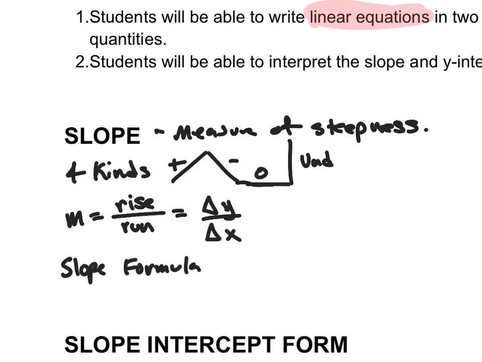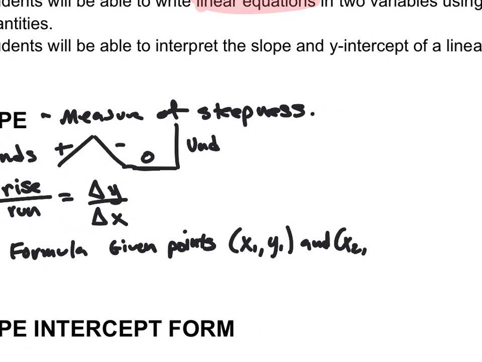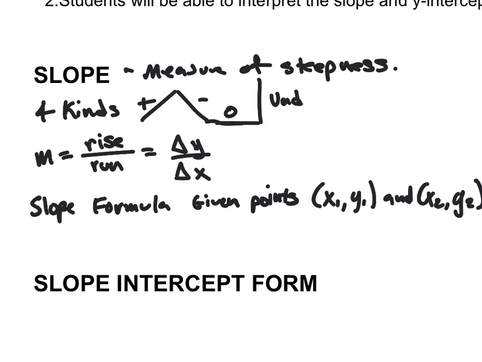And that's given 2 points, given points x sub 1, y sub 1, and x sub 2, comma, y sub 2, our slope can be calculated using the formula m is equal to y sub 2 minus y sub 1 over x sub 2 minus x sub 1.